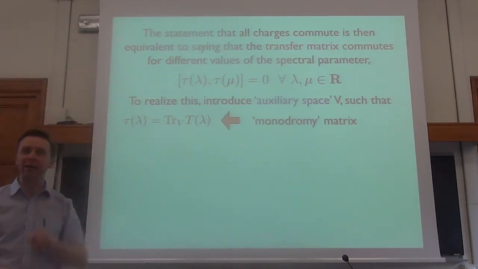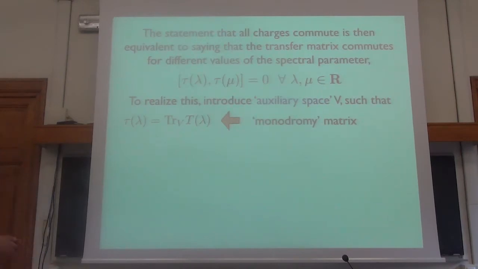It's called the auxiliary space. And we say that the transfer matrix here is the trace in this auxiliary space of another object, which is called the monodromy matrix. So the monodromy matrix is now an object living in Hilbert space tensored with auxiliary space.